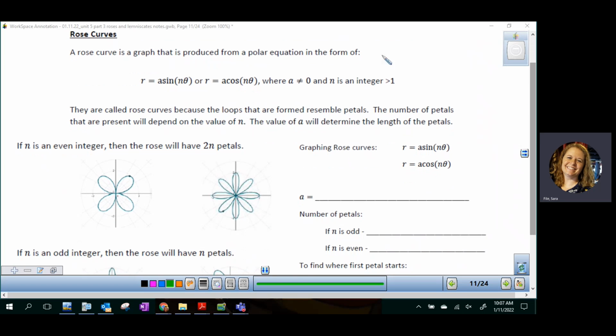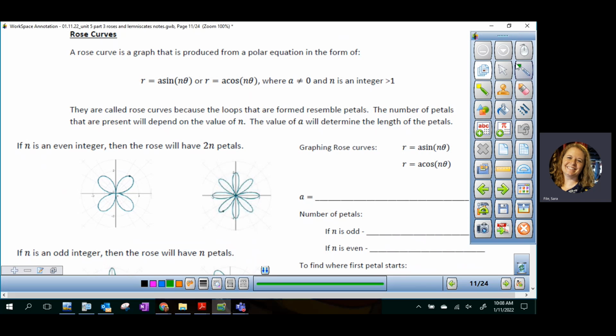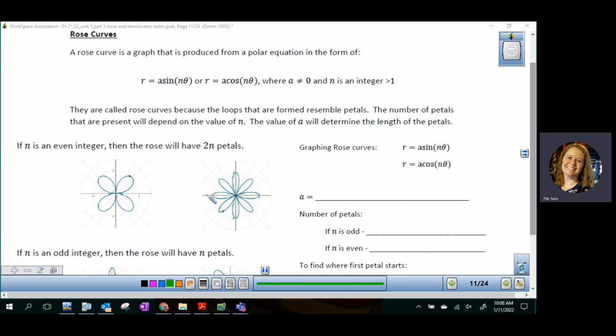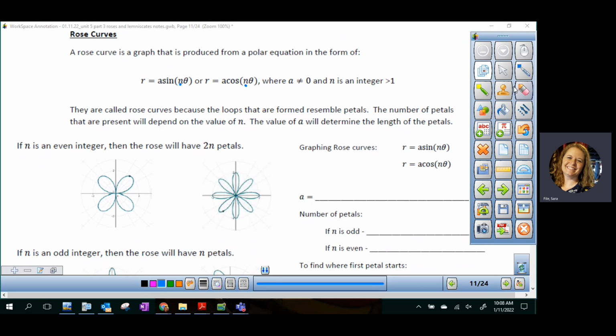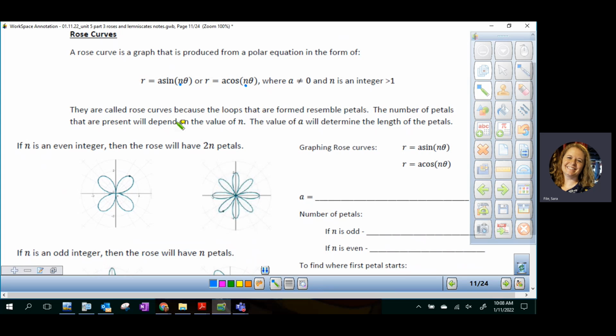All right, so a rose curve, the polar equation, looks like one of these. What is different about these equations than what we were looking at the past couple days? That coefficient in front of theta is definitely different.